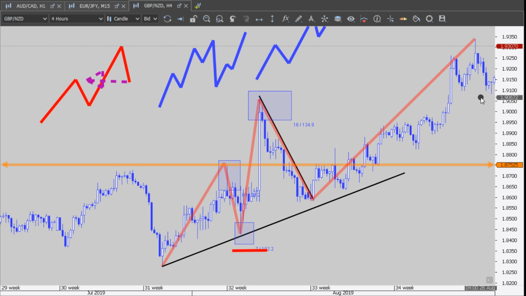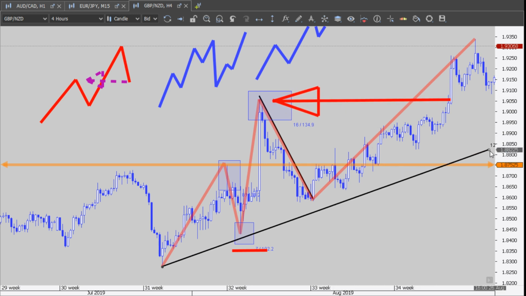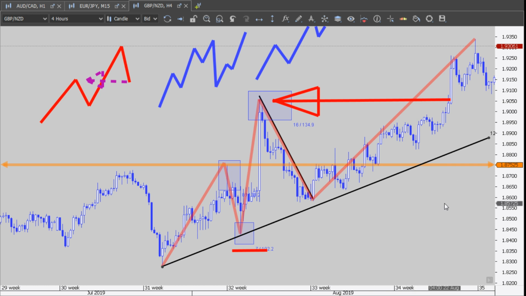I'm expecting the market to end the retracement at this level, number one, and if the market is going to break this area, then the market is going to gravitate toward this. I have support number one, I have support number two. Nonetheless, the market shouldn't break the uptrend line, and the market shouldn't break the structural low. Correct, George? Yes, sir. Congratulations to you. You are thinking in the right way.